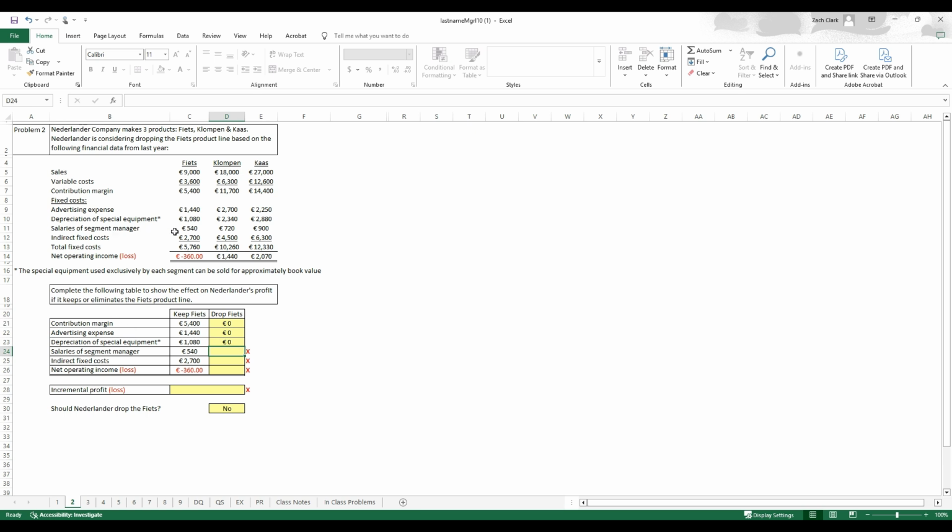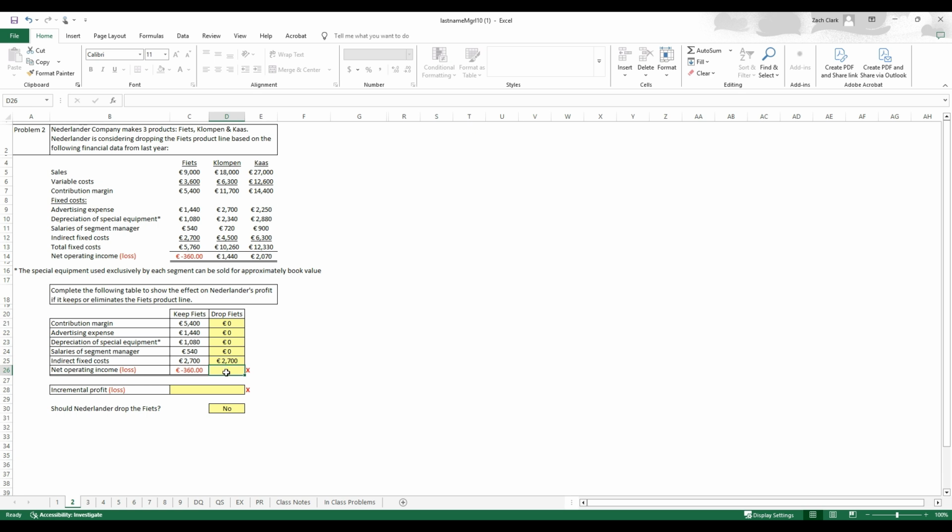Salaries of our segment manager. If we don't have that segment, then the salaries related to that manager will go away. And so far we've got all zeros, but here's where the real crux of the issue comes in: we have a portion of fixed costs that are indirect, and so they've been allocated out, and those are going to have to be allocated elsewhere, onto the other products.